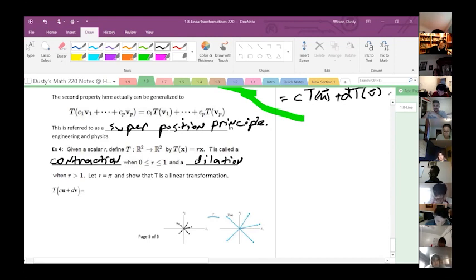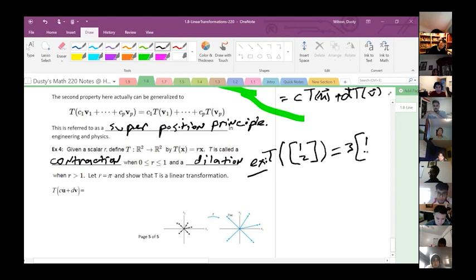For example, T of (1, 2) equals 3 times (1, 2). So here r would be 3, and we get out something bigger: (3, 6). It got bigger, so that would be an example of a dilation.